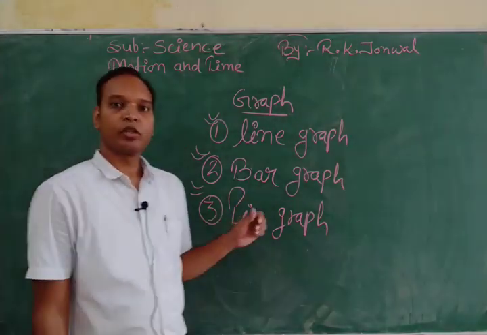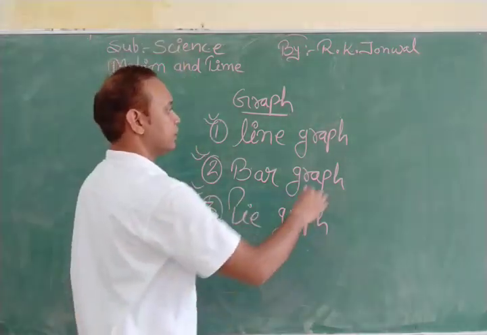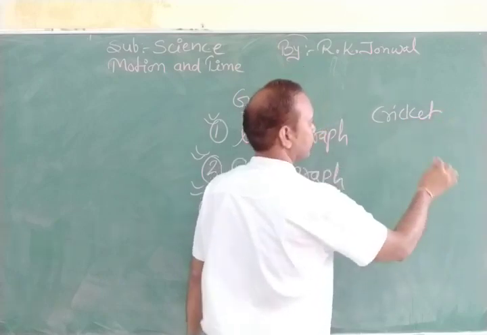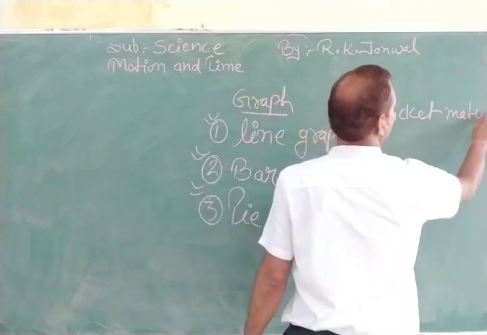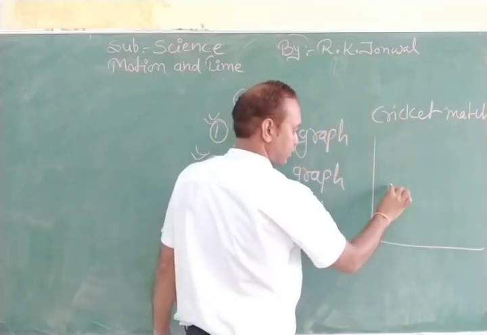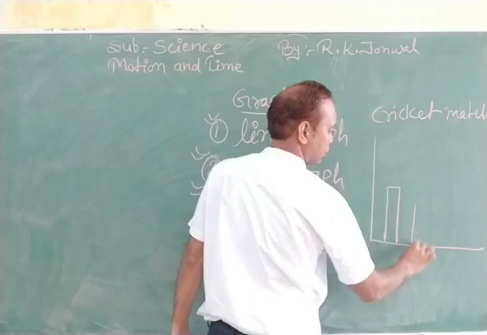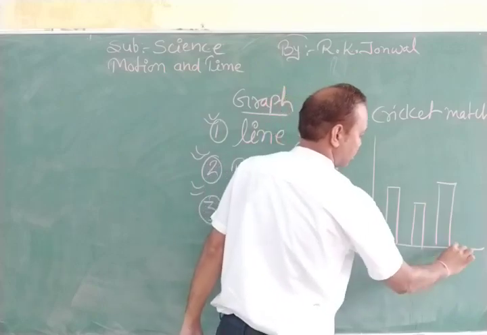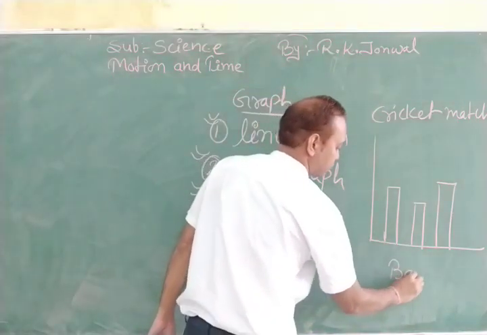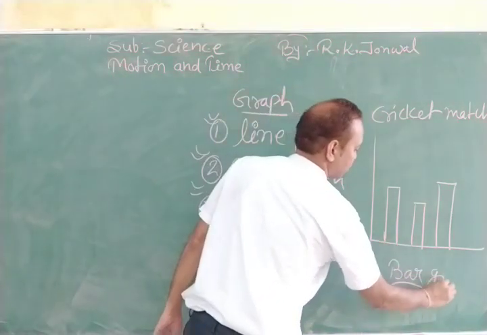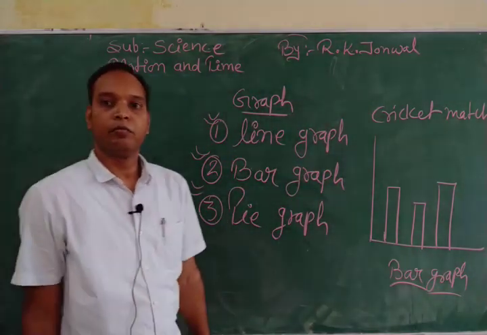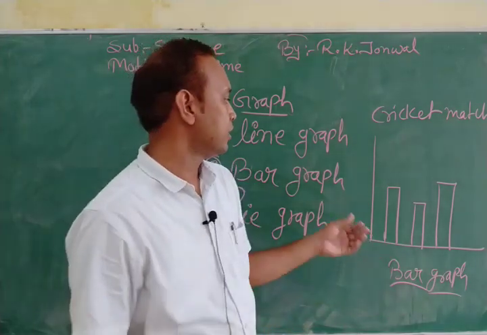So students, I want to remind you that in a cricket match, you see some columns like that. So it is a bar graph, which you saw in the cricket match.